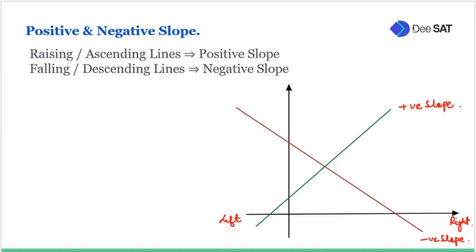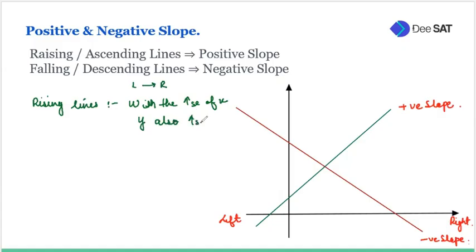Mathematically, this can be written as: for the positive slope, or ascending lines, or rising lines, with the increase of x, definitely going from left to right, y also increases. All those lines have positive slope.